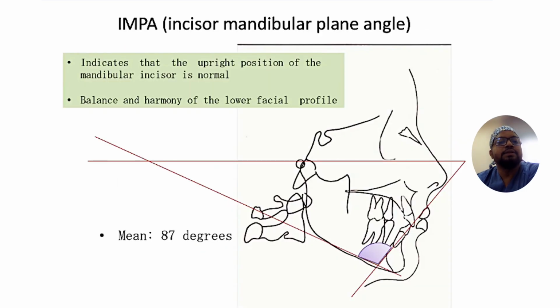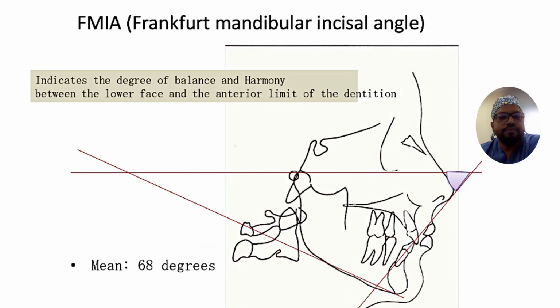And as I mentioned, the IMPA is 90 degrees, incisor mandibular plane angle. It can be 87, depending on race and ethnicity. So it indicates the mandibular incisor position. And FMIA is usually 65. Here it mentions 68. So it also gives the lower incisor condition.